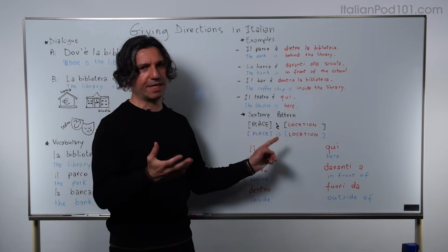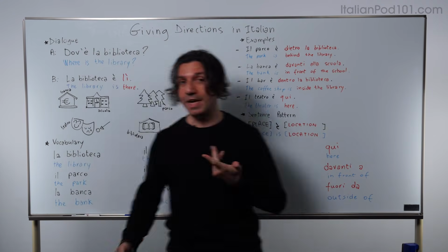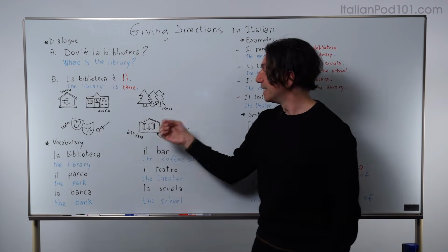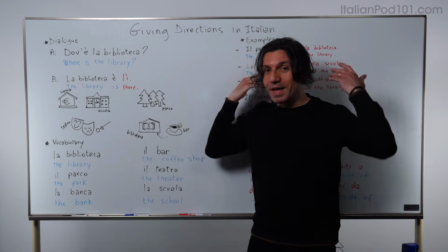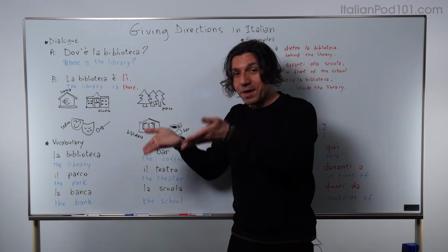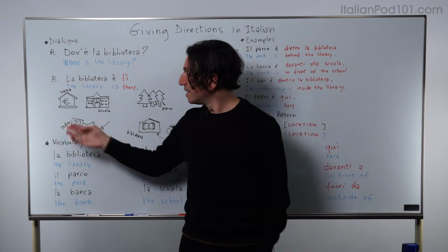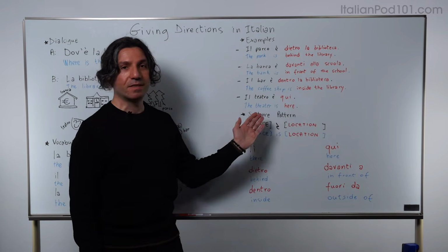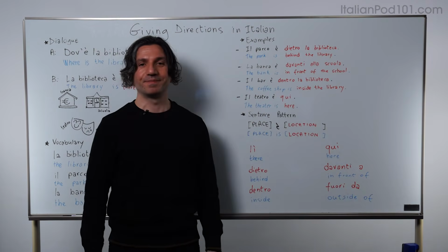È, is. Location: davanti alla scuola, dietro la biblioteca, dentro la biblioteca, qui. Place è location.